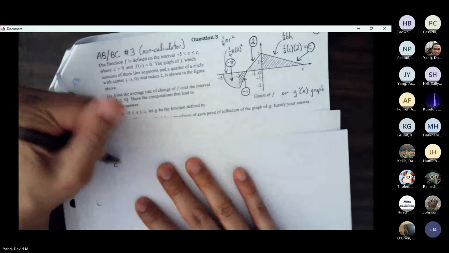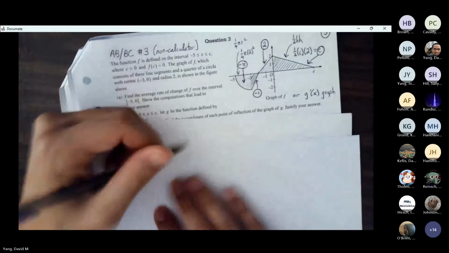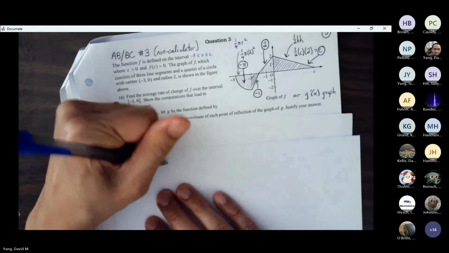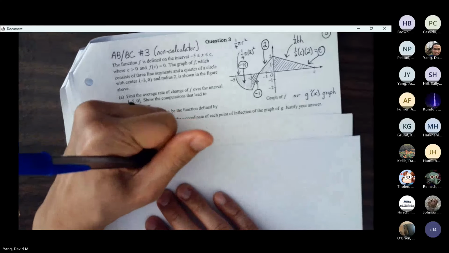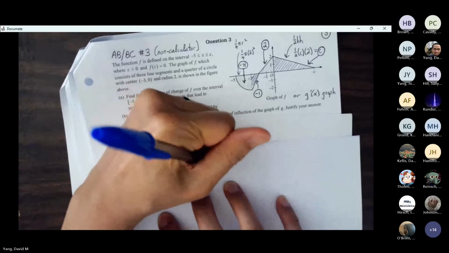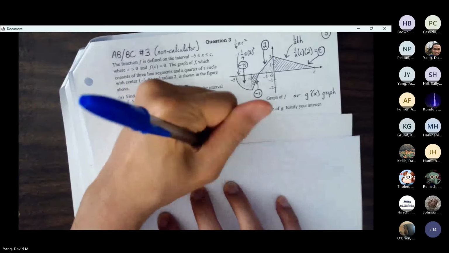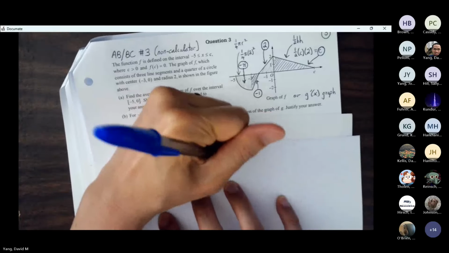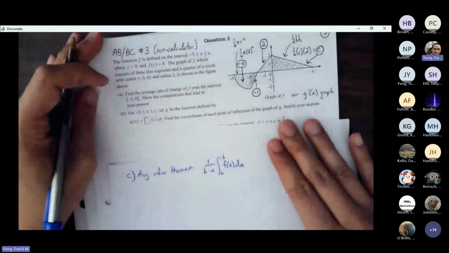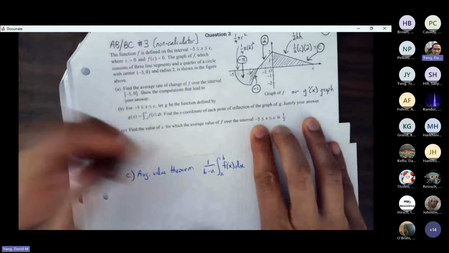Okay, so here's my average value theorem. My a and b values are -5 and c.